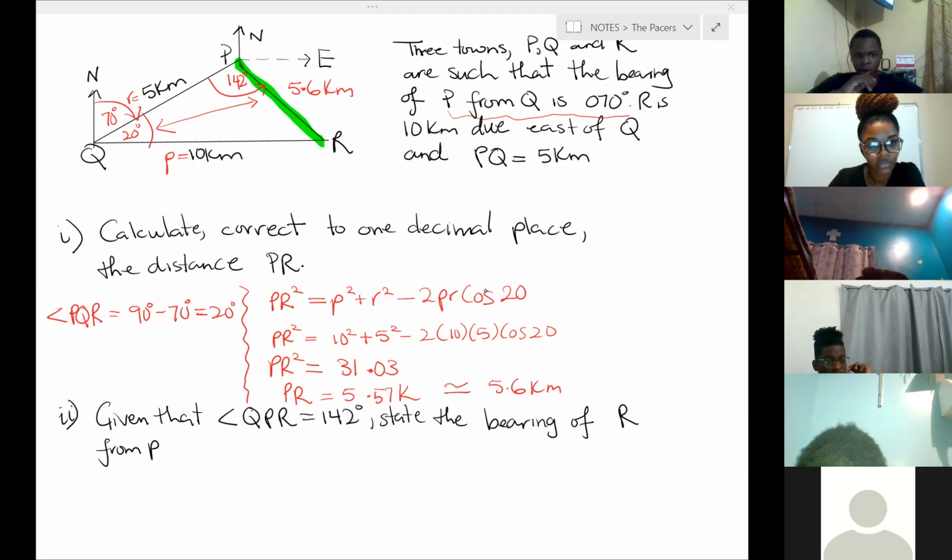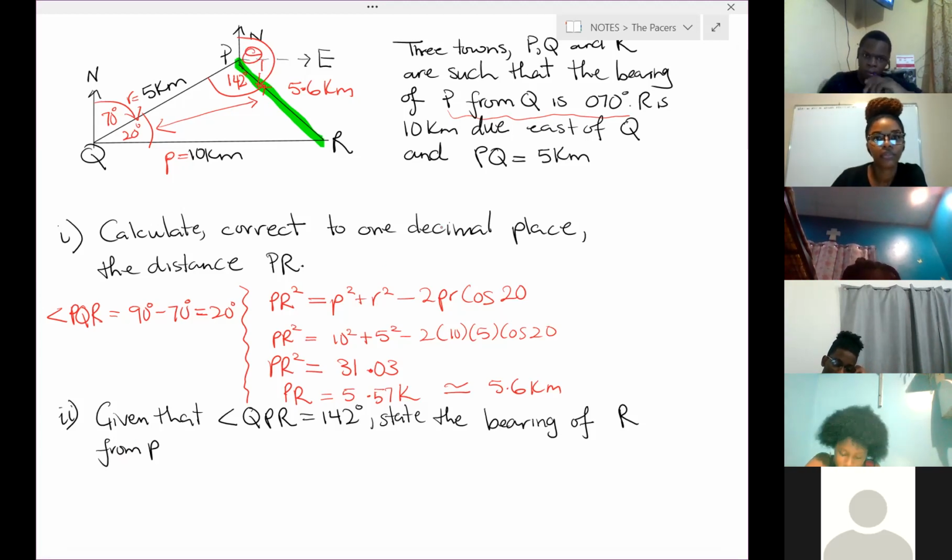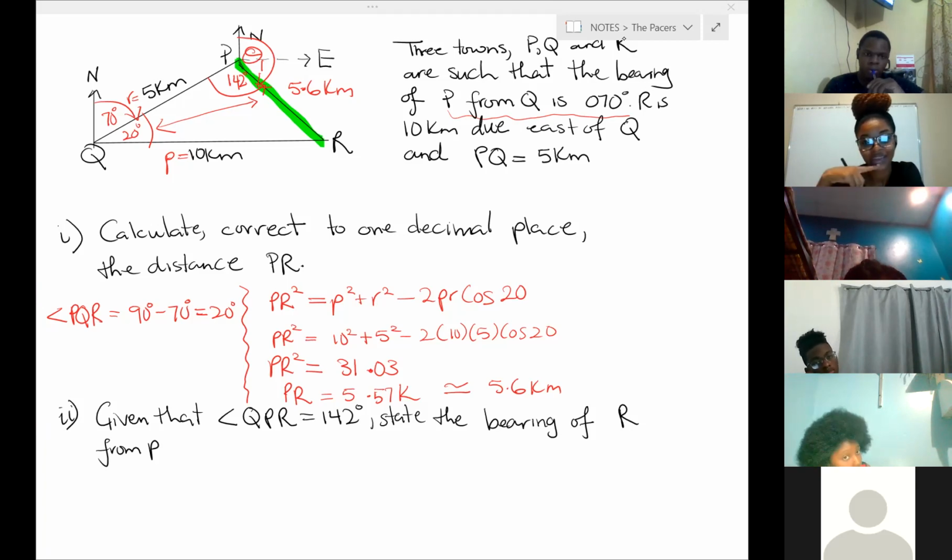The N to the R line. So from north to the R line, nice. Okay, so we need to figure that out. How do we figure that out? I'll call it theta 1. How to find out theta 1? Miss, you minus R from 360, the 142. So you see in a full circle there, so I could just minus 142 from 360 and get my answer.